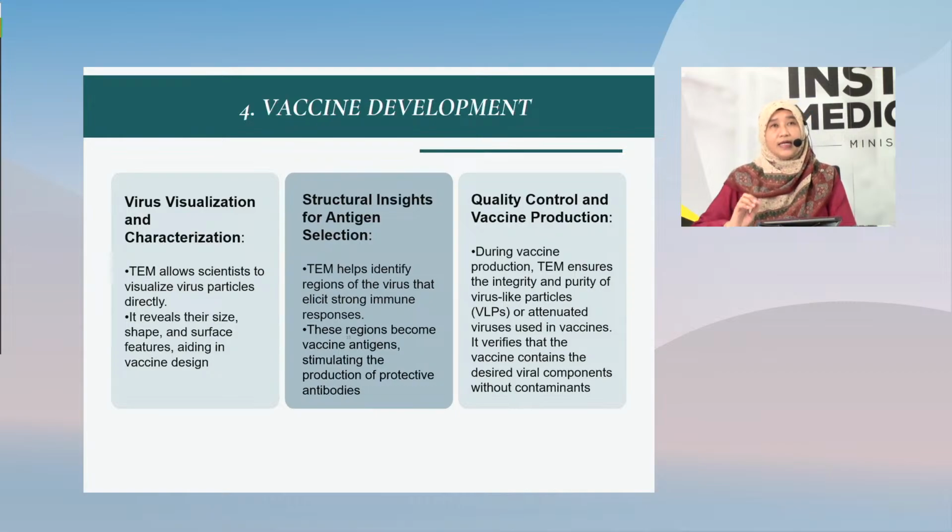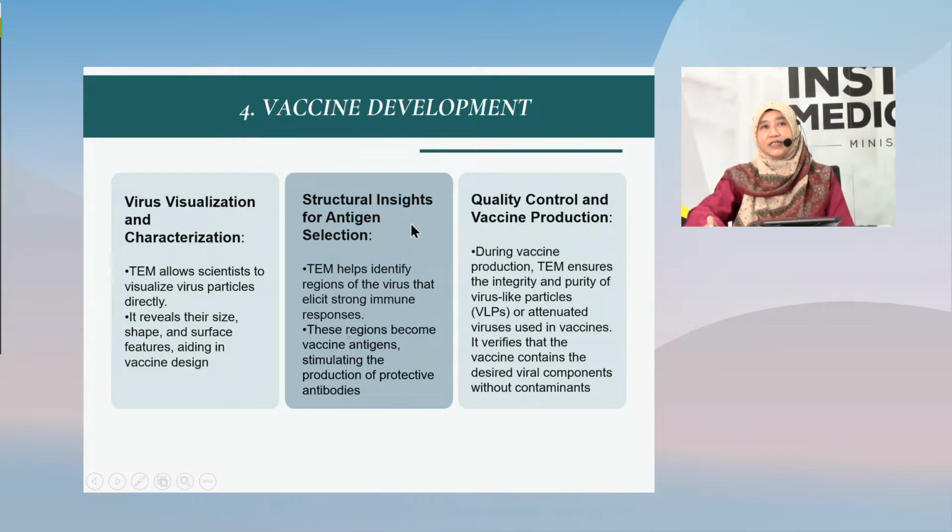So, EM technology is widely utilized in vaccine development in a few stages. For example, in virus visualization and characterization, it allows scientists to visualize virus particles directly, revealing their size, shape, and surface features, and aiding in vaccine design.